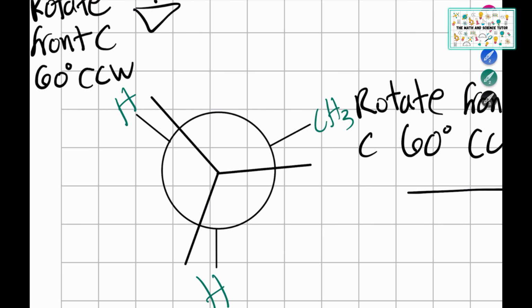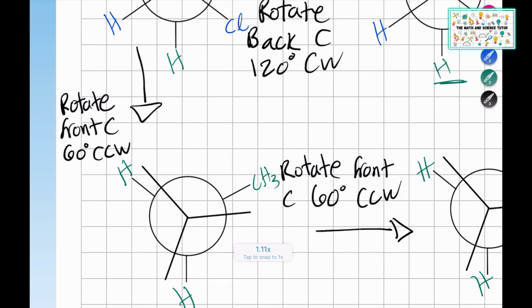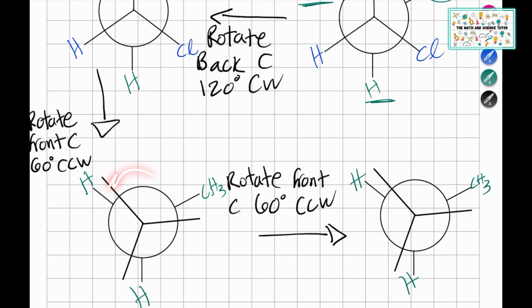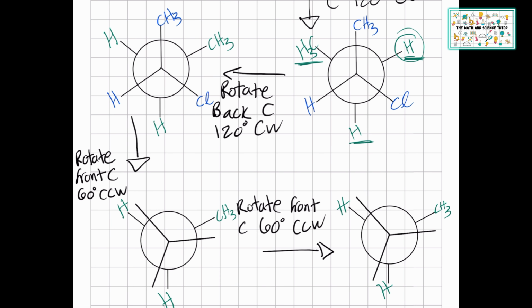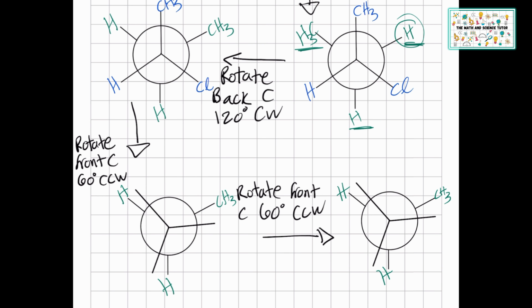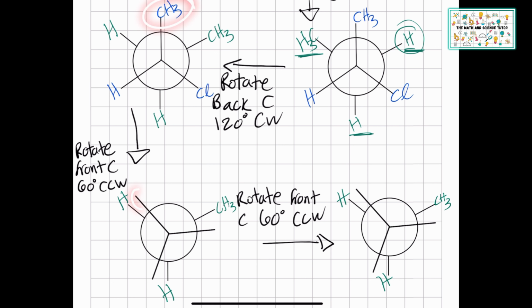It's going to be like so. So we did a half rotation counterclockwise. We didn't do a full rotation where it would still kind of look the same. So since we did a half rotation, this methyl group is still going to be here. This hydrogen is also going to still be here.